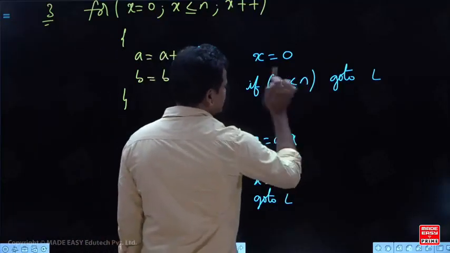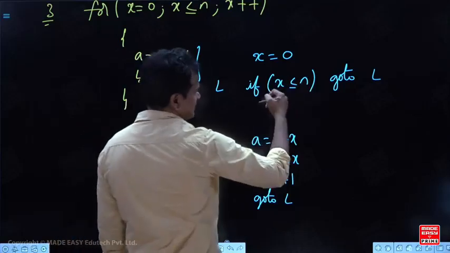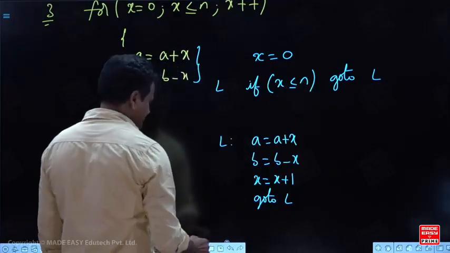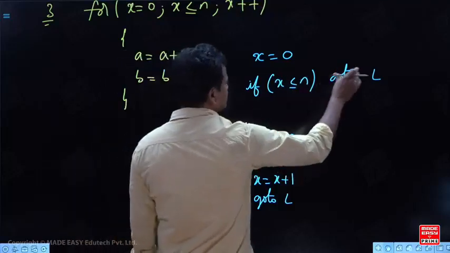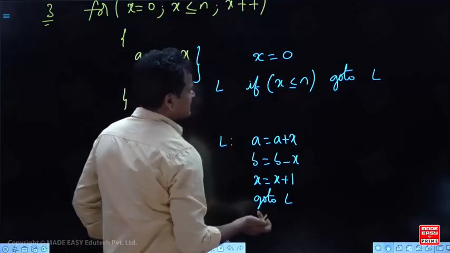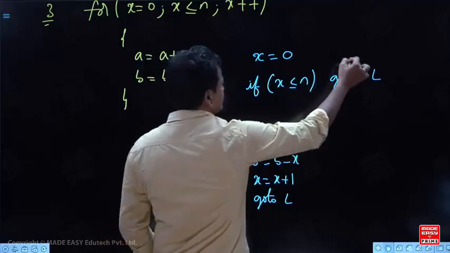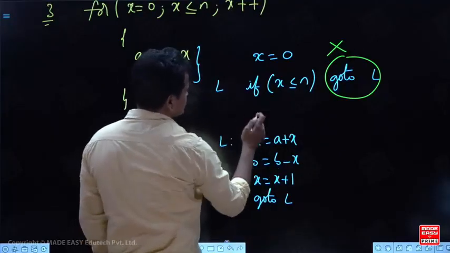When x is not less than or equal to n, it means x is greater than n. As long as the condition is true, it will execute this go to. If the condition is false, meaning x is greater than n, then it doesn't execute this loop. Then it will come to the next instruction.